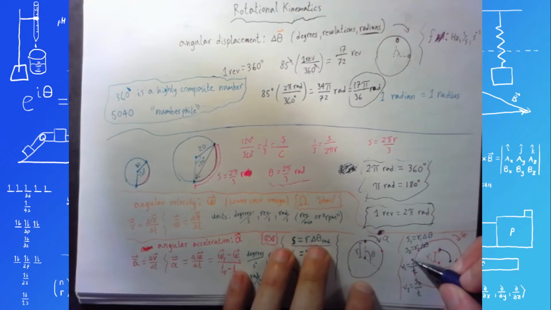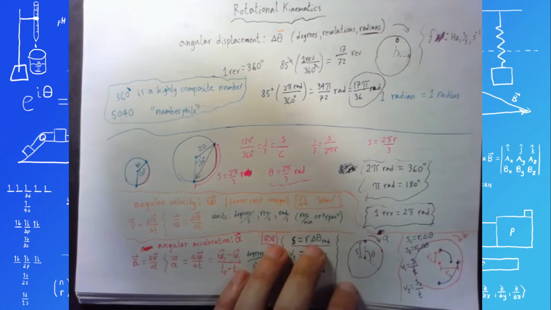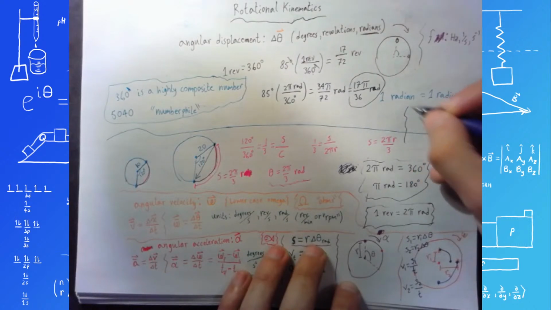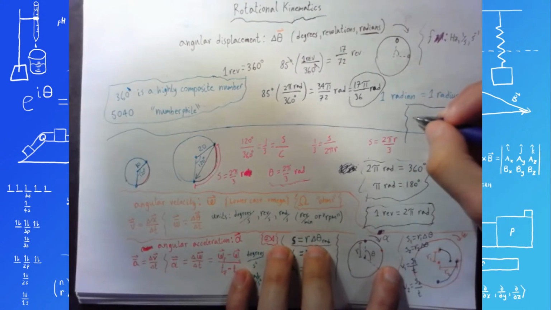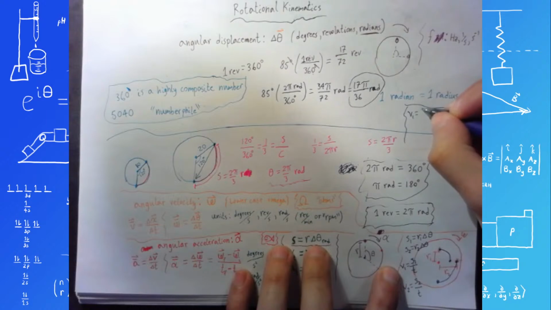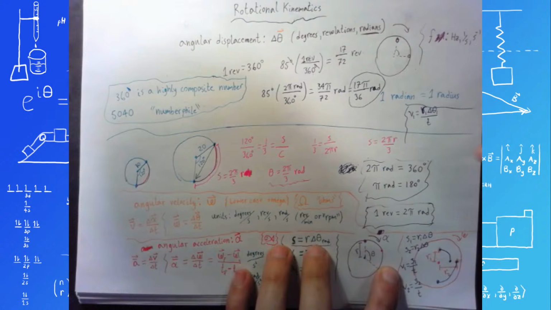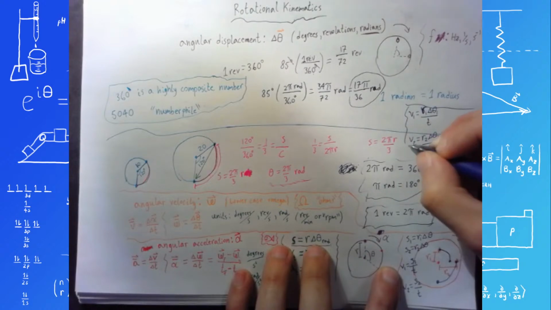So if I simply replace S1 and S2 with R1 delta theta and R2 delta theta, then what do I get? I guess I'll write it over here since it's getting kind of crowded down there. I get V1 equals R1 delta theta 1 over time, while V2 equals R2 delta theta 2 over time.